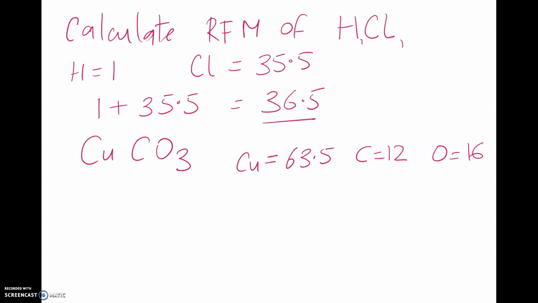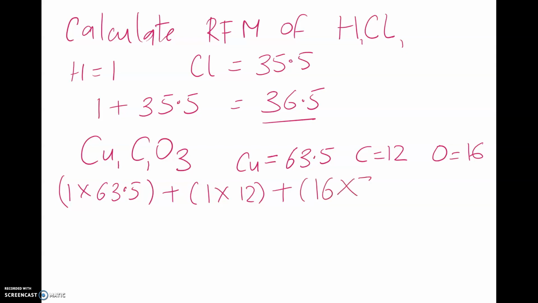Just to break this down, you have one of this and one of this, so you do 1 times 63.5 plus 1 times 12. Now you have 3 oxygens here, so you do 16 times 3. If you add them all up, you end up with 123.5. So the relative formula mass for copper carbonate is 123.5.